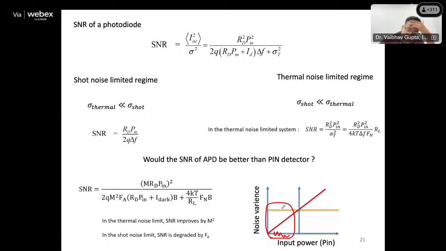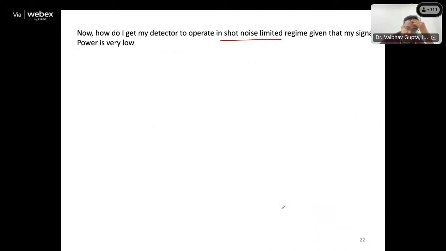But typically what you want to operate is shot noise limited systems, but your signal strength is very low. Your signal strength is low, meaning you are using a very small number of photons, so 1 photon or 2 photons. This is what you're talking about, right? And since the arrival of photons also gives you shot noise, and you are limited by that, and you want to measure below that shot noise, what is the option, how can you increase that?